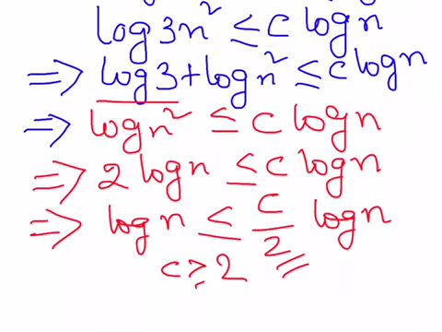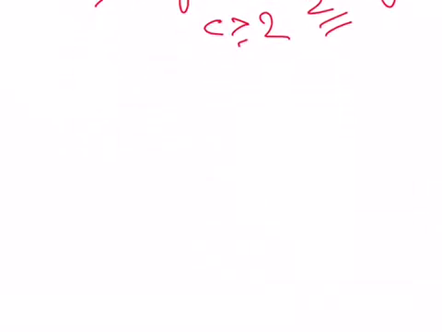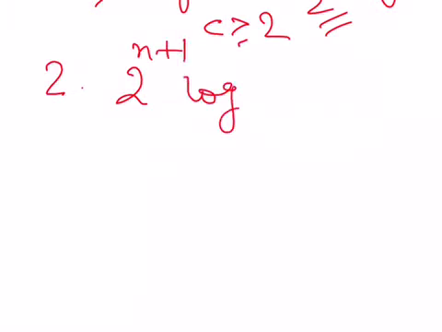Okay, so we go to the next problem. Problem number 2 is we have to show that 2 to the power n plus 1 times log of n square is big O of 2 power n log n.